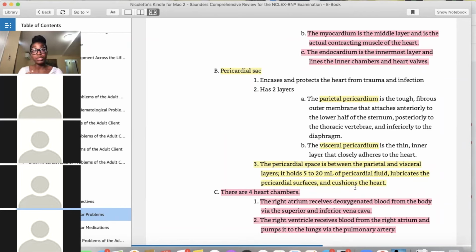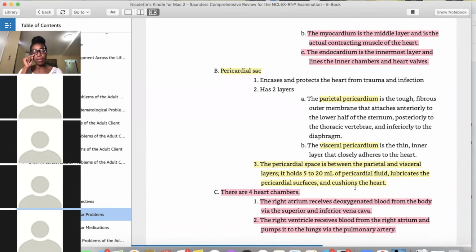So if that fluid that is only supposed to be 5 to 20 increases, if it becomes 30, if it becomes 40, that's way too much. And now it prevents the heart from moving, where it was helping it expand and close as smoothly as it should. Now it's hindering it, right? So that fluid needs to remain just at that level.